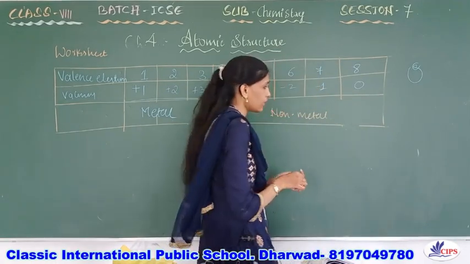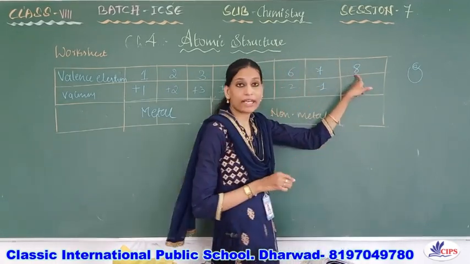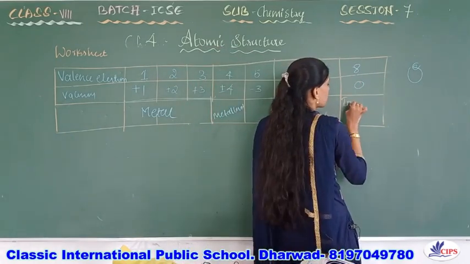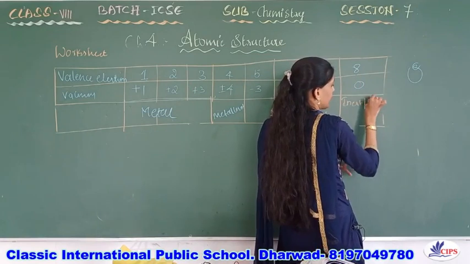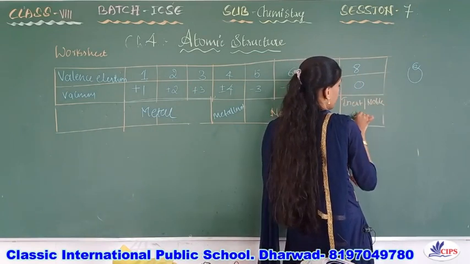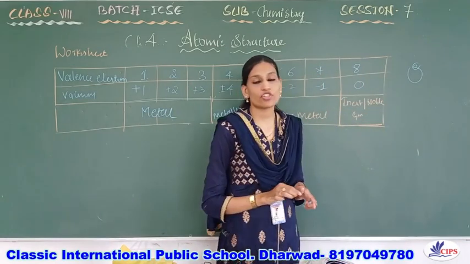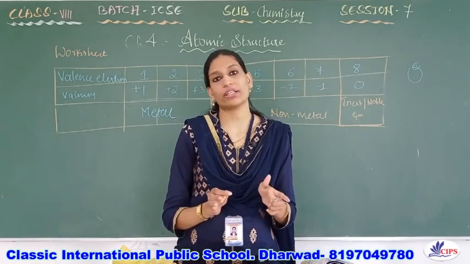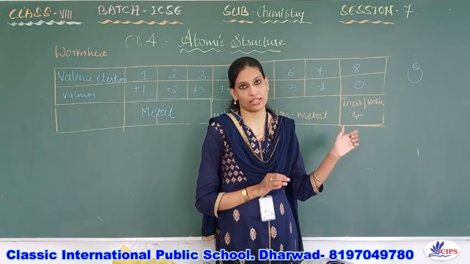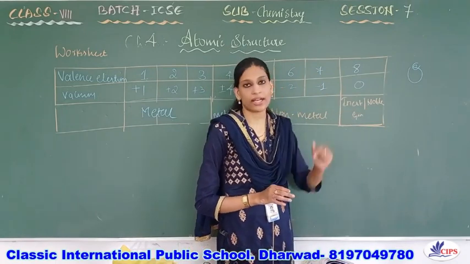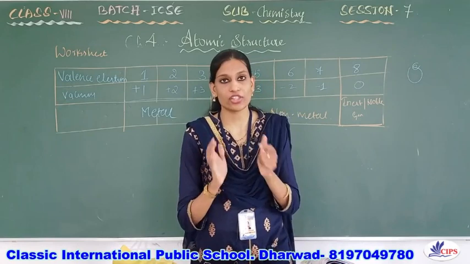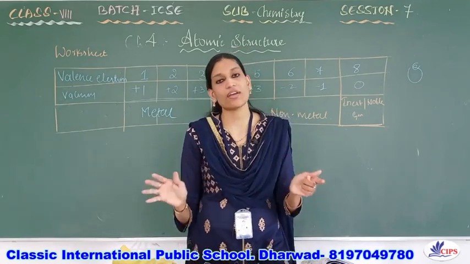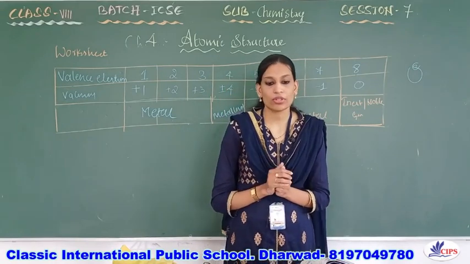And the last one, which has 8 electrons, a completely filled shell, we call inert gas or noble gas, which are highly stable and highly unreactive elements. The K shell, L shell, M shell are completely filled and it does not react because its shells are full. Okay, so this is about the worksheet.